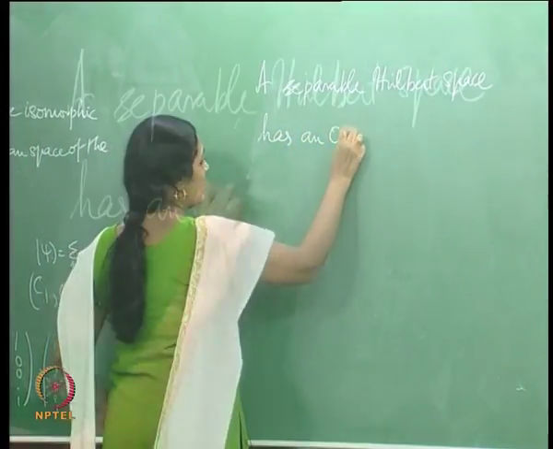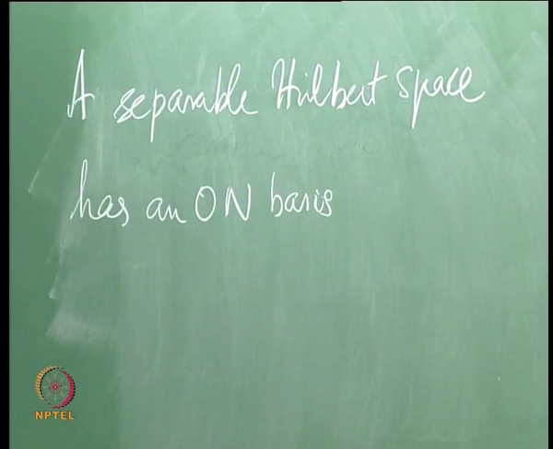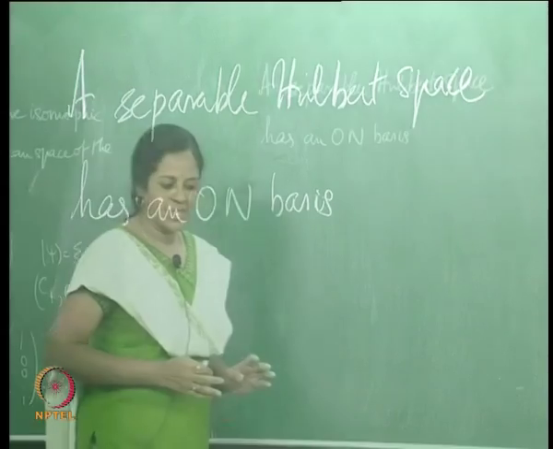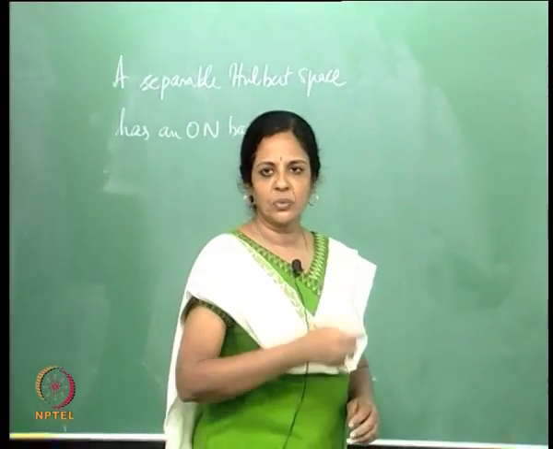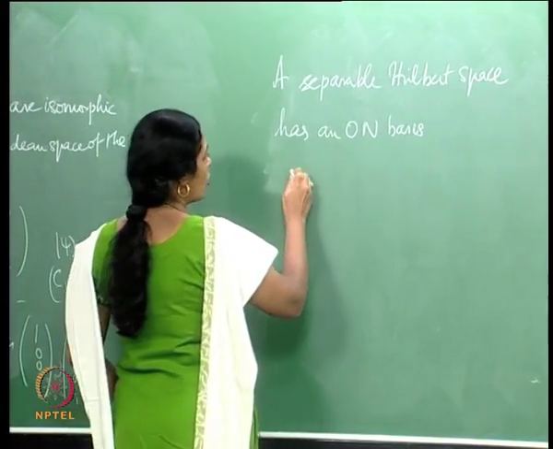You are guaranteed that because there is a denumerable infinity of basis states, and I could write them in the form 1, 0, 0 and so on. That's one way of writing it. I could also represent it in many other ways, and I'll talk about it shortly. A separable Hilbert space has an orthonormal basis.